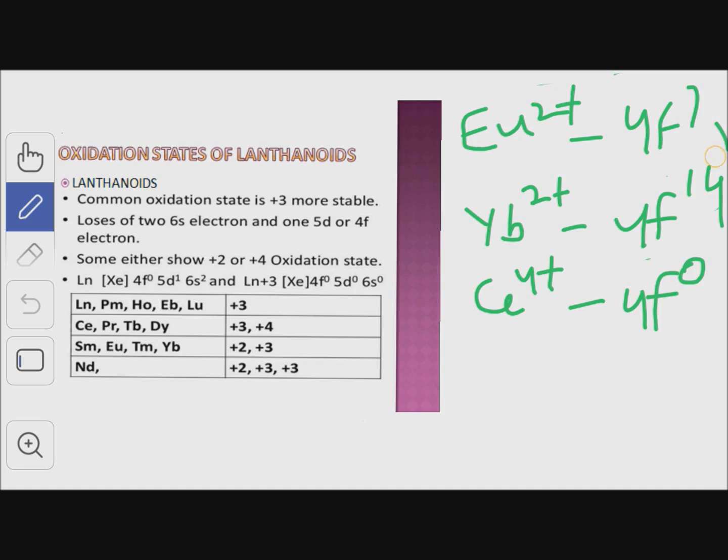These are three stable configurations. Similarly, terbium acquires 4 positive and its electronic configuration is xenon 54 and 4f7.